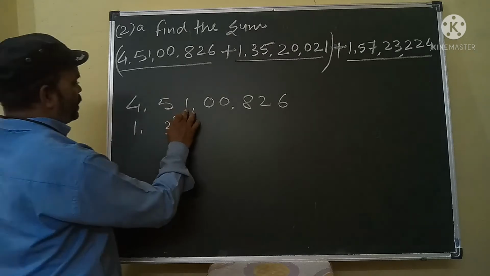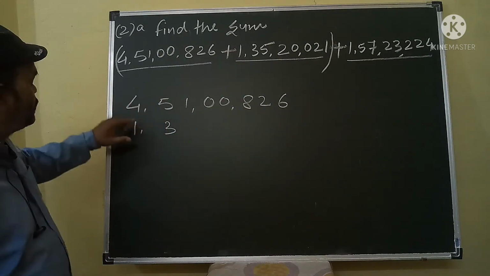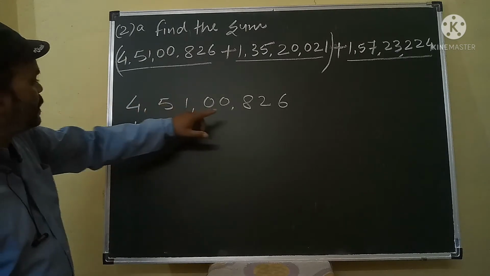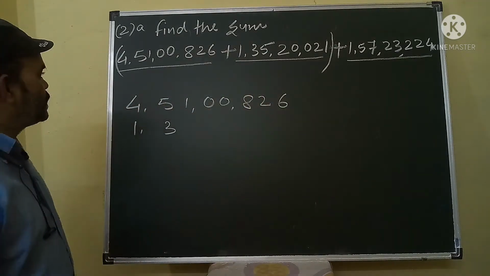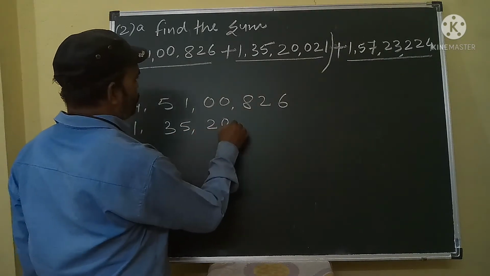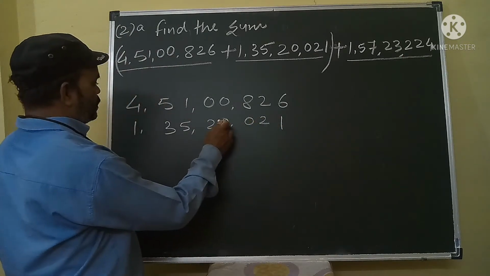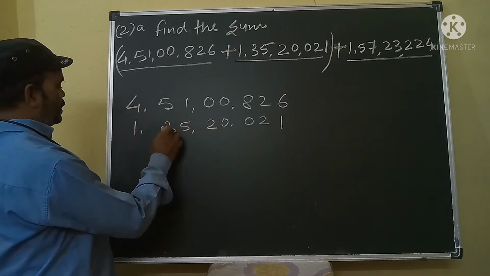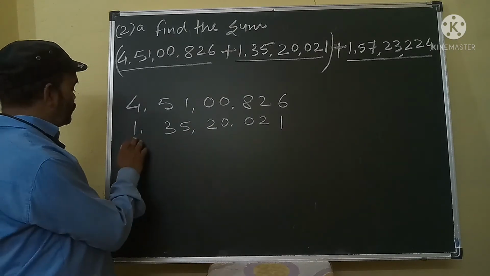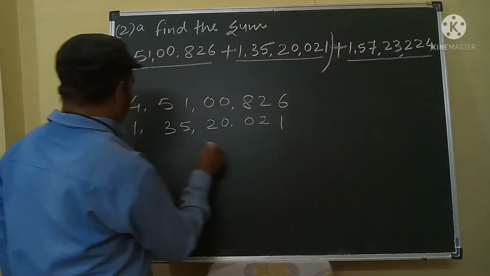You can read this number as 4 crores 51 lakh 826. And the second number is 1 crores 35 lakh 20,021. Okay.